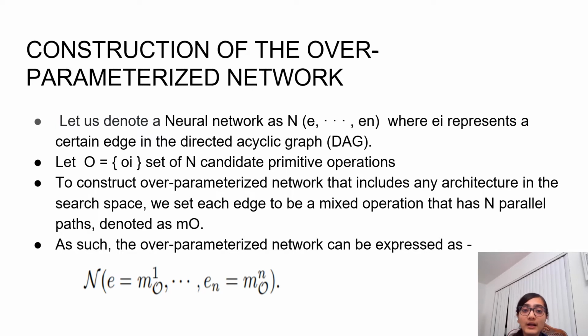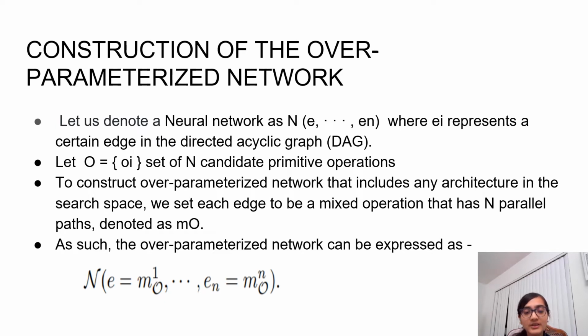So when you have some operations performed on each edge, this is a mixed operation that has n parallel paths, denoted as MO, where O is the primitive operation for that particular candidate. So there are n candidates, there are going to be n primitive operations.